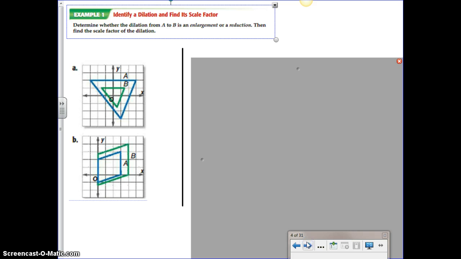Example 1, determine whether the dilation from A to B, so from blue to green, is an enlargement or a reduction, then find the scale factor. So from blue to green, you can tell what's happening here. It's getting smaller, so it's a reduction. Remember, the scale factor is just that fraction of what happened, so we just need to measure two corresponding sides.